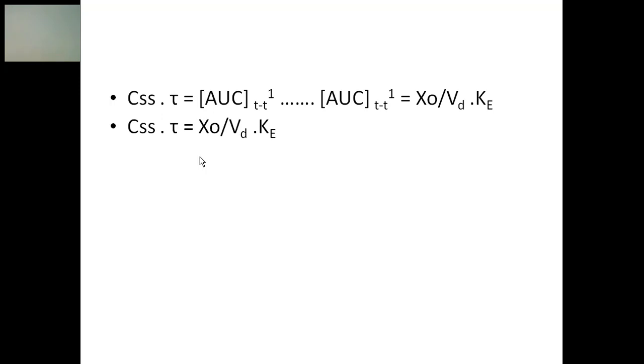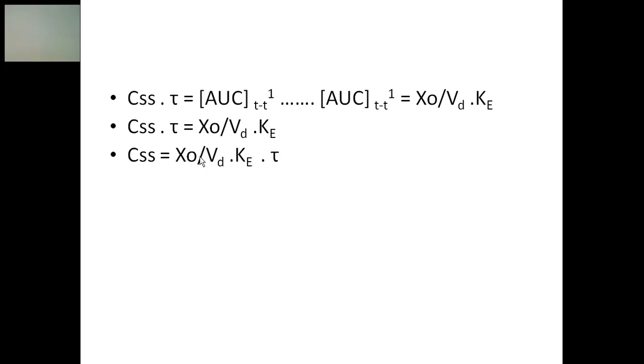Now, putting the previous value of AUC in the equation, we get it directly as steady state concentration multiplied by tau equals x naught into Vd by Ke.